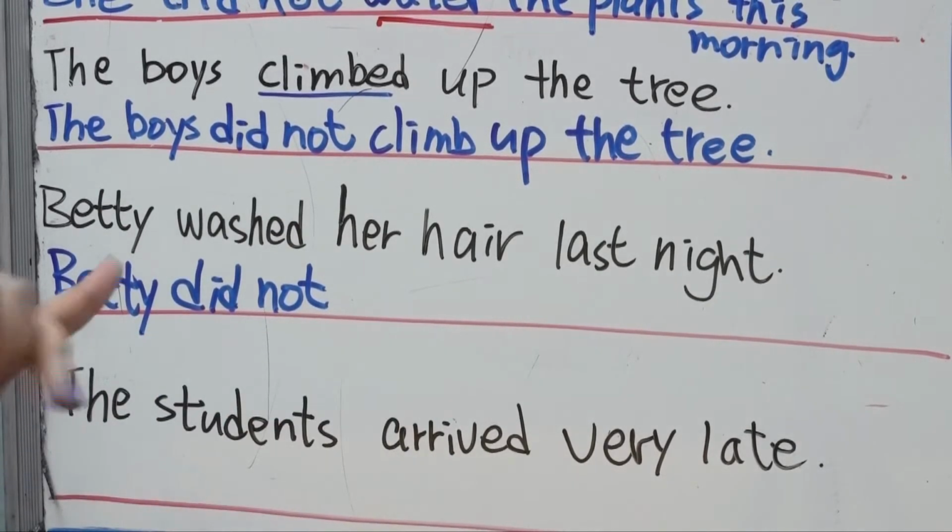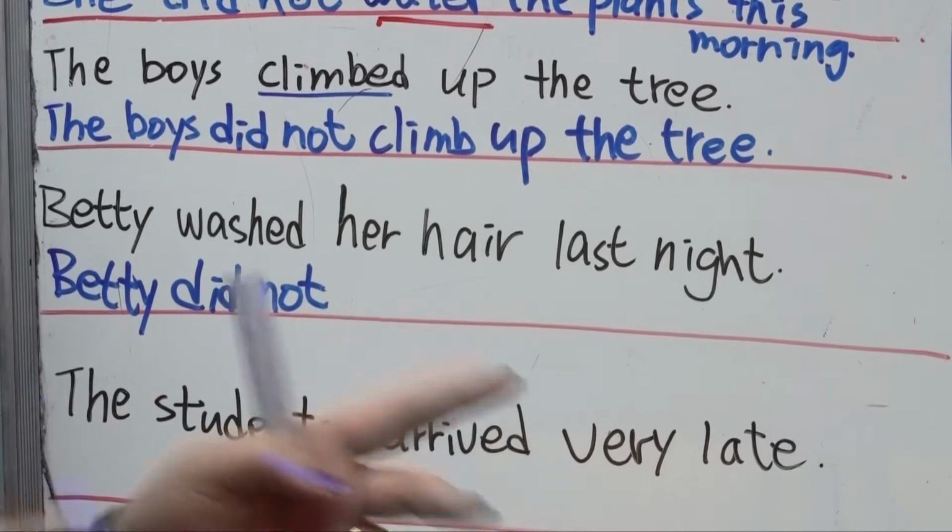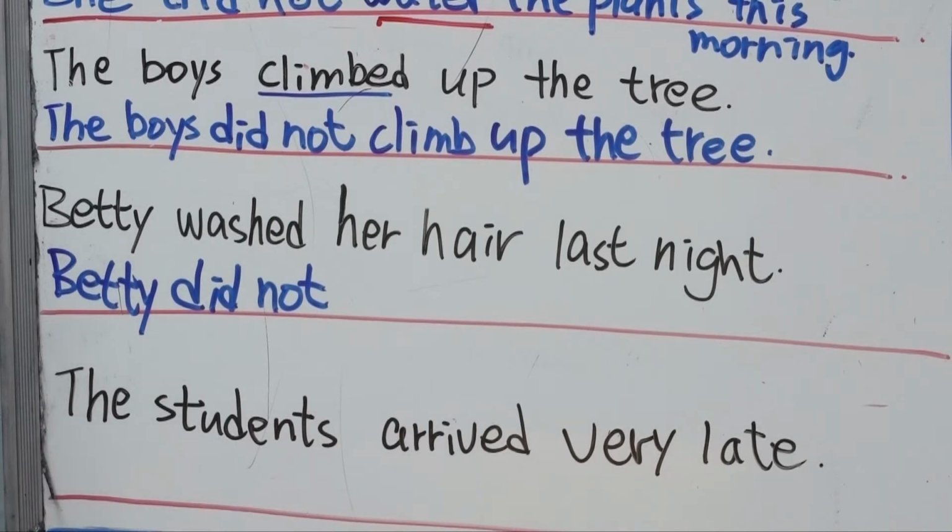Which one is the action verb here? 5, 4, 3, 2, 1. Which one is the action verb here? That should be her hair. Her hair is an action? No, right? That should be washed, right? Washed. How do we make washed an infinitive?